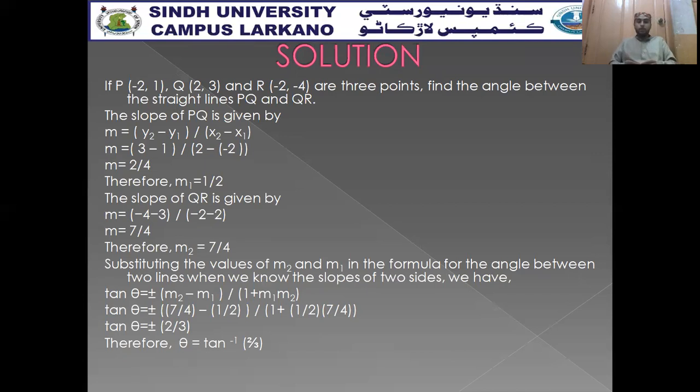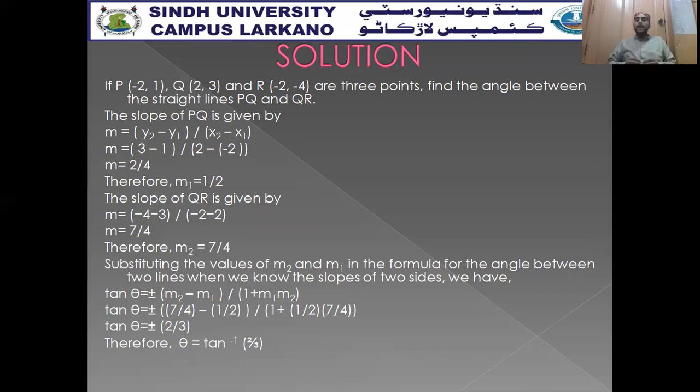The slope of QR is given by m is equal to (minus 4 minus 3) over (minus 2 minus 2). What we get is minus 7 over minus 4, minus into minus is equal to plus, so m₂ is equal to 7 over 4.